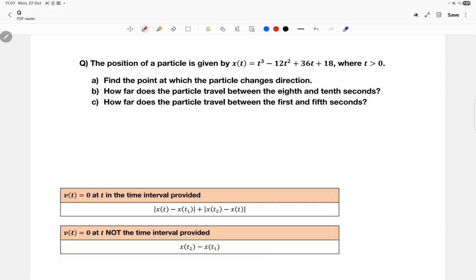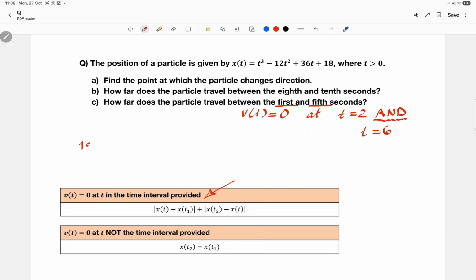Now let's go on to part C, where it says how far does the particle travel between the 1st and 5th second. We must be using now this one here. Why? Because our velocity was 0 at the time of 2 and the time of 6. And now our interval is between 1st and 5th.